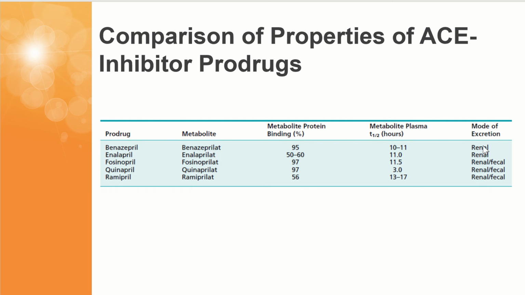And we have the mode of excretion, which is mostly renal, and the metabolite plasma half-life in terms of hours, roughly from 10 to 13, enalapril having much less than the others, and the metabolite protein binding, a pretty high percentage for the most part.